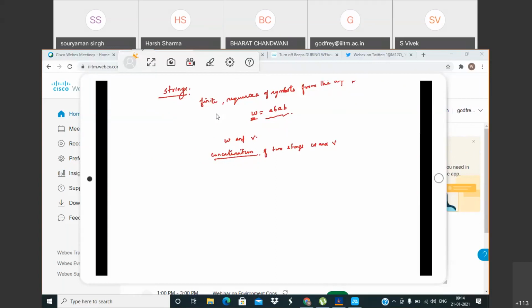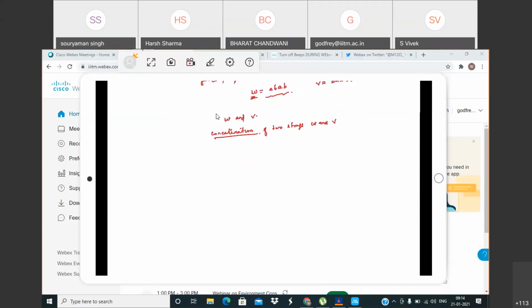Say, for instance, you have two strings from the same alphabet, ABAB and BAAB. Now you can obtain the concatenation of these two strings, which is WV, which is going to be ABABBAAB.